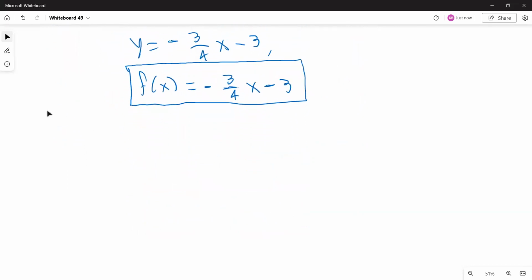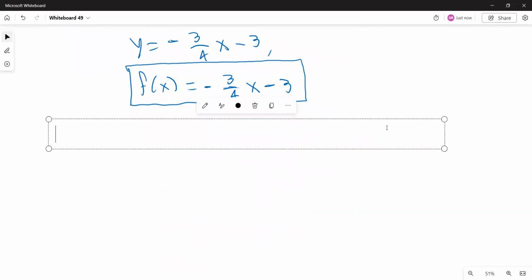Okay, we have a couple of particular cases. We learned that the slope of a horizontal line is 0, and the slope of a vertical line is undefined. So we have a couple of particular cases.